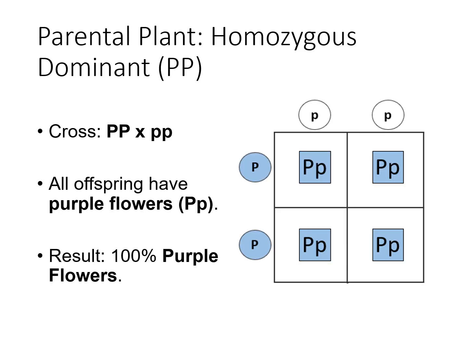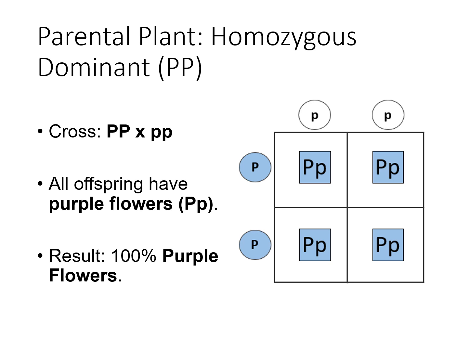Let's look at the first possible outcome. If the purple-flowered parental plant is homozygous dominant, capital P capital P, and we cross it with a plant that is homozygous recessive, lowercase p lowercase p, then all offspring will be capital P lowercase p. Since each offspring has at least one dominant capital P, they will all have purple flowers.